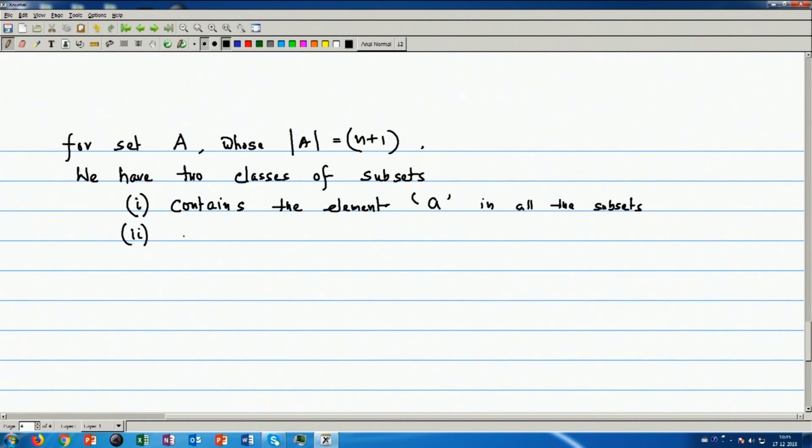The second category, all the subsets do not contain the element a.